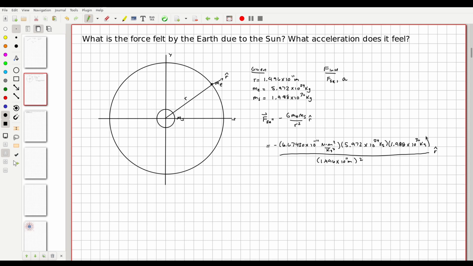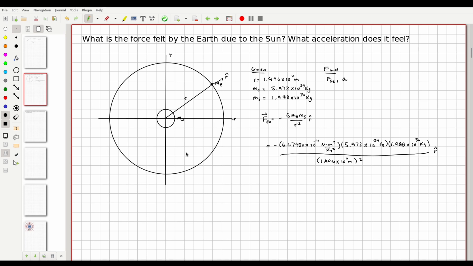So if you plug this into your calculator, 6.67430 times 10 to the minus 11th times 5.972 times 10 to the 24th times 1.988 times 10 to the 30th. Then divide that by 1.496 times 10 to the 11th, and you've got to square that.